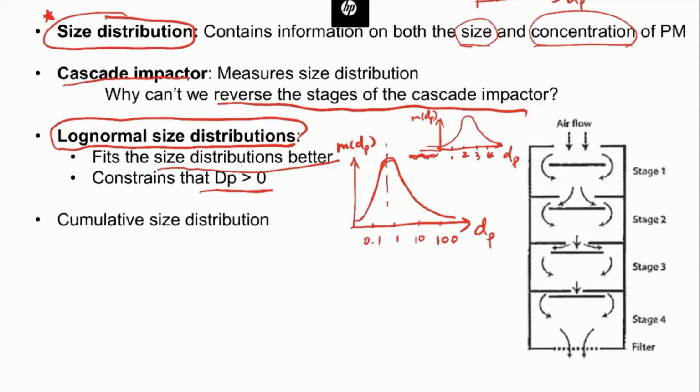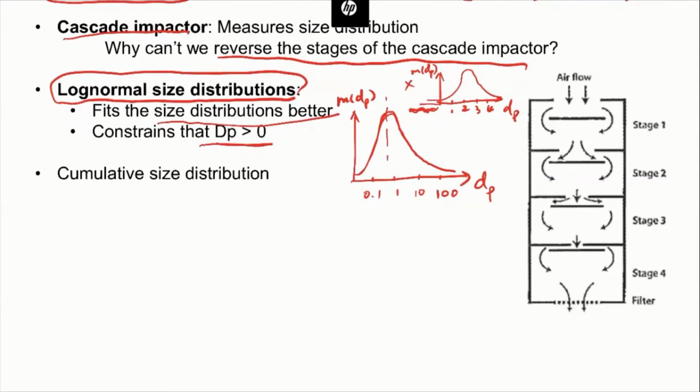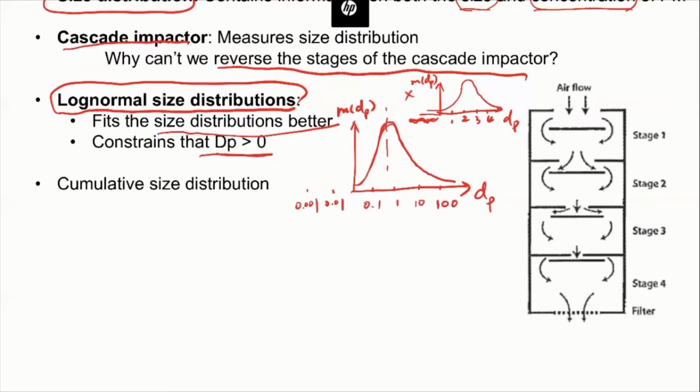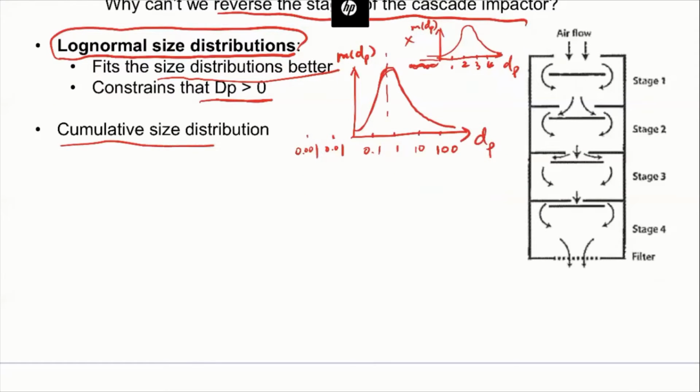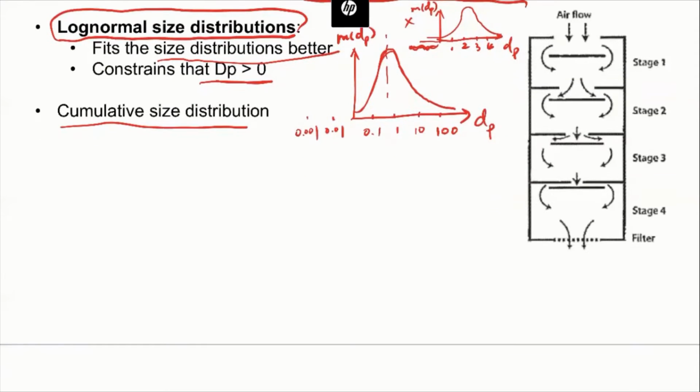That's why we don't want to use the Gaussian, but instead use the log normal, because even if we go across the x scale, it's just going to be 0.01, 0.001. It's never going to reach 0. Once we know the log normal size distribution, finally we mention something related to the cumulative size distribution. The cumulative size distribution just shows the fractions of particles below certain sizes.